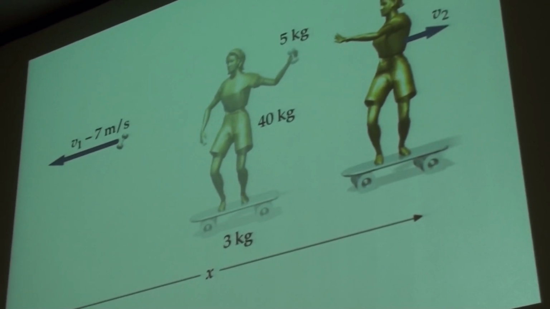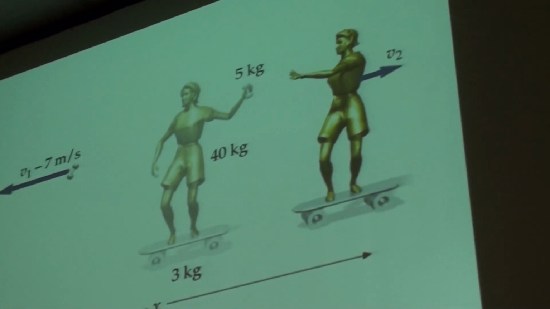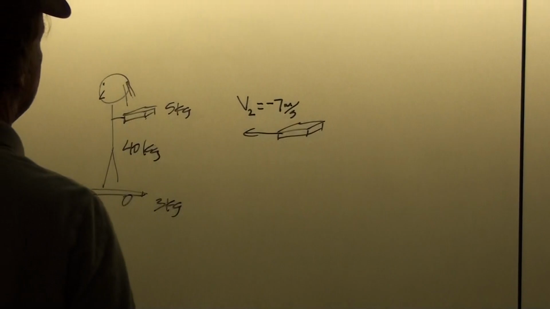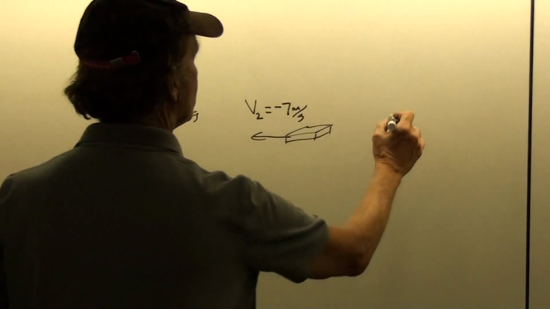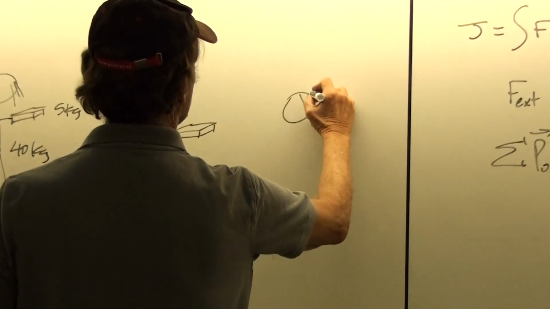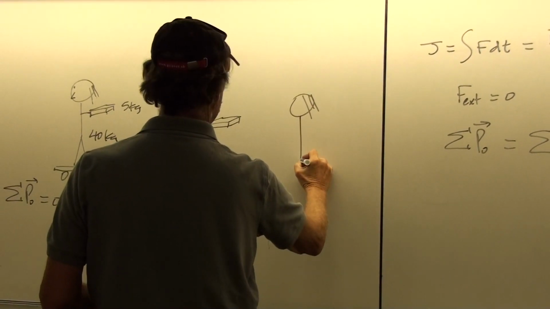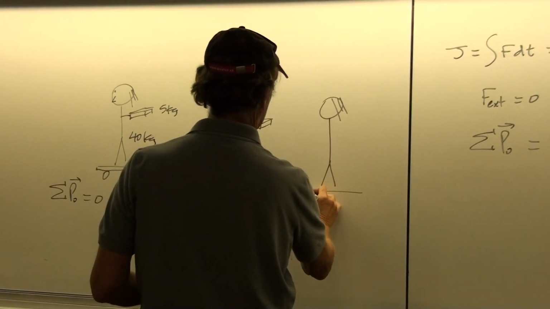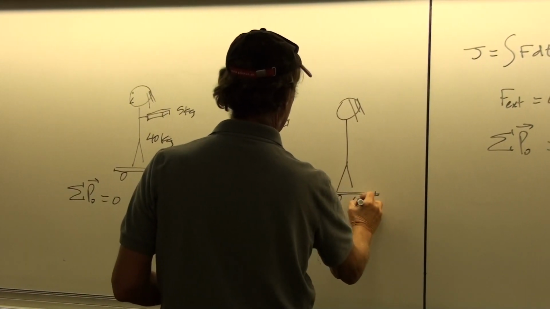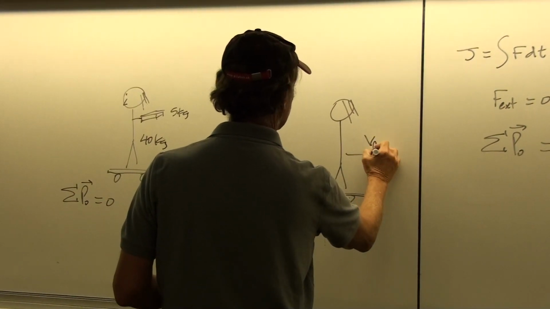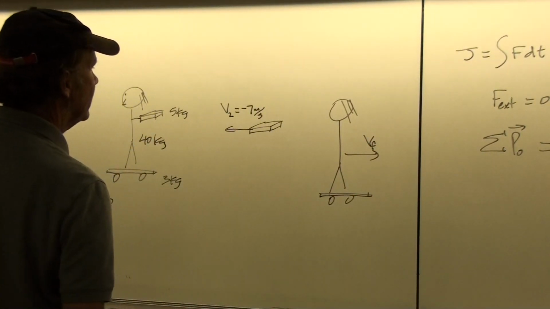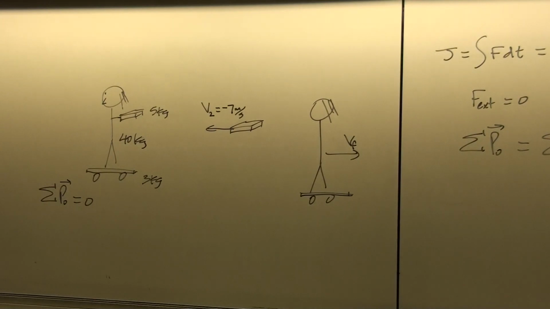Now, the reason why we're calling that negative is somewhat arbitrary, but she then is going to be recoiling and moving in the opposite direction with some velocity v final.